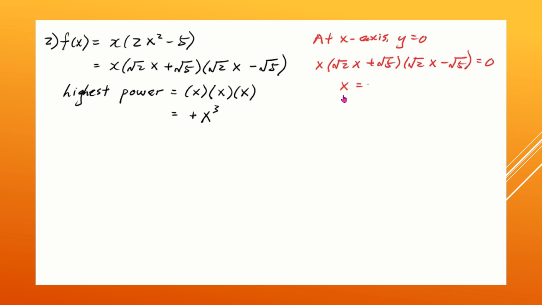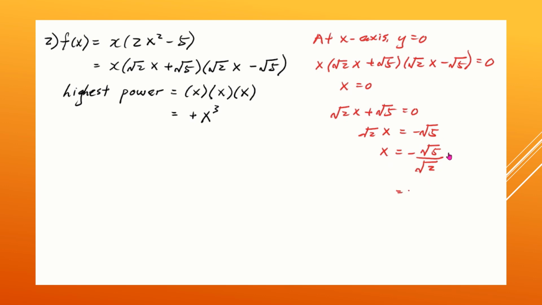From the first factor, x is equal to 0. From the second factor, square root of 2 x plus square root of 5 equals 0. So now we need to simplify in order to find the value of x. So x is equal to negative square root of 5 divided by square root of 2.